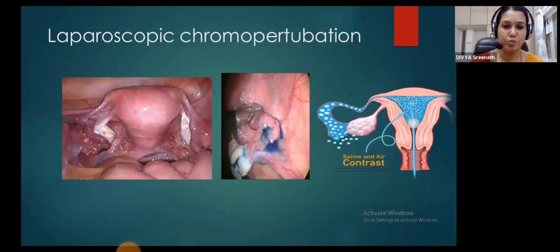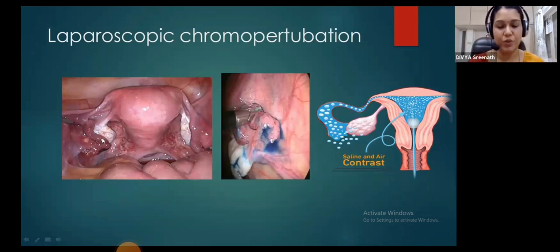This is a laparoscopic chromopertubation, that is with the help of laparoscopy. Dye is injected through the cervix, and with the laparoscopic view itself, you can see the dye passes through the fallopian tube and falls in the peritoneum.